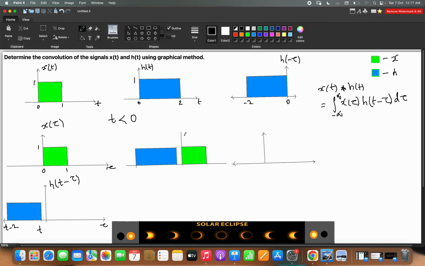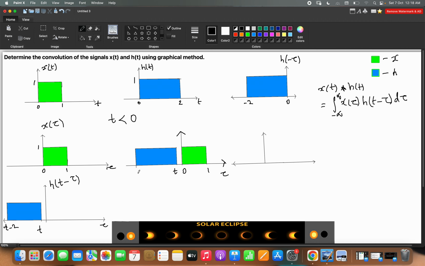Then we have to overlap both the signals to find the common region. That means overlapping region. So when we are overlapping this x of tau and h of t minus tau, the resultant will be like this. So in this case, the value of x of tau and h of t minus tau will be like this.